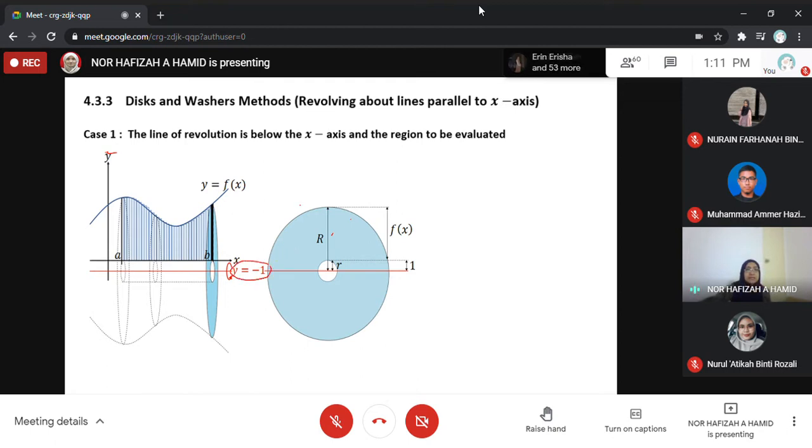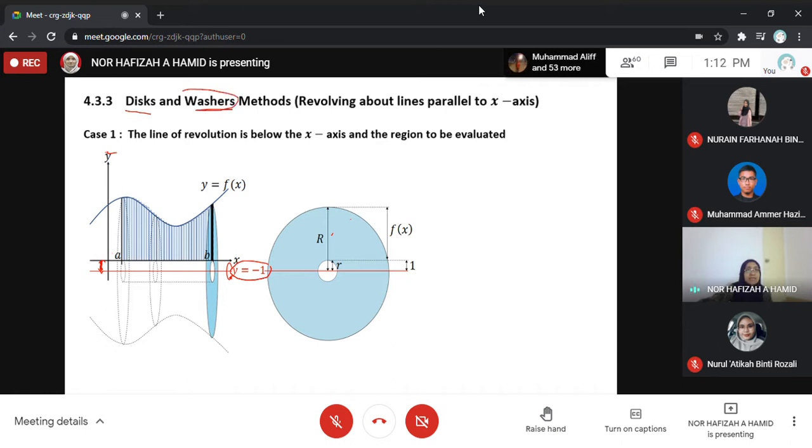Okay, so first you need to identify method dulu, sebab we have this and washer. So to determine method, you refer to the shaded region and axis of the revolution. Okay, so based on this figure, you refer for shaded region and axis of revolution. So kita ada certain gap kat sini.